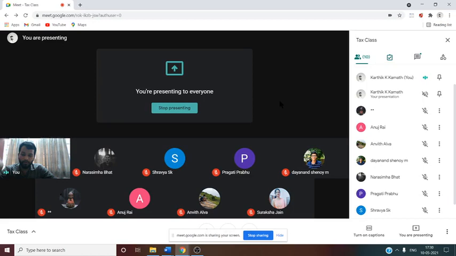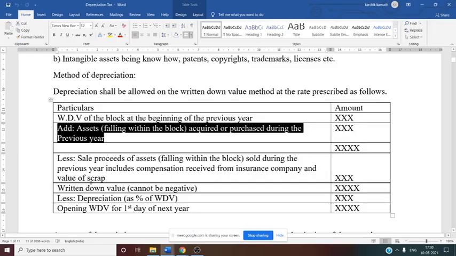Then next, you have to add all the purchases made during the previous year. From that you have to deduct all the sales. See this, sales includes compensation received also. Sometimes an asset may be damaged due to certain events like an accident. Suppose an accident happened to a scooter, or to a truck.